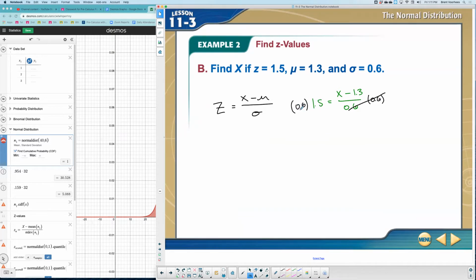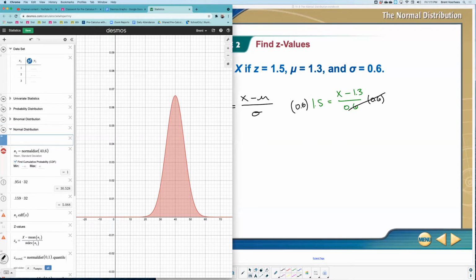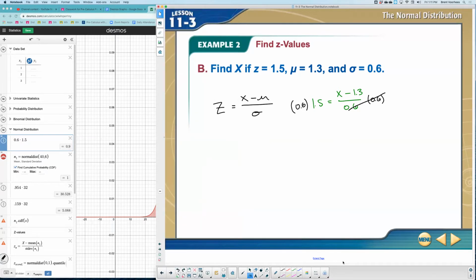So 0.6 times 1.5, I believe will be 0.9. Let's see, 0.6 times 1.5 is 0.9. That's correct. So 0.9 equals x minus 1.3.